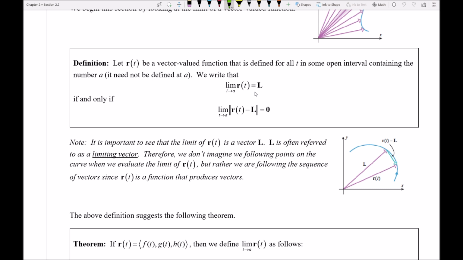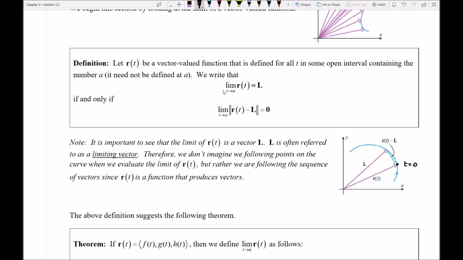Let's try to understand a little more about what's happening with this subtraction and visually what it means to have the limit of a vector function. Take a look down here at this blue curve. I can imagine that my r of t is creating points on the graph by shooting out individual points via vectors. Maybe when t is equal to 0, I plug in 0 and get this point.